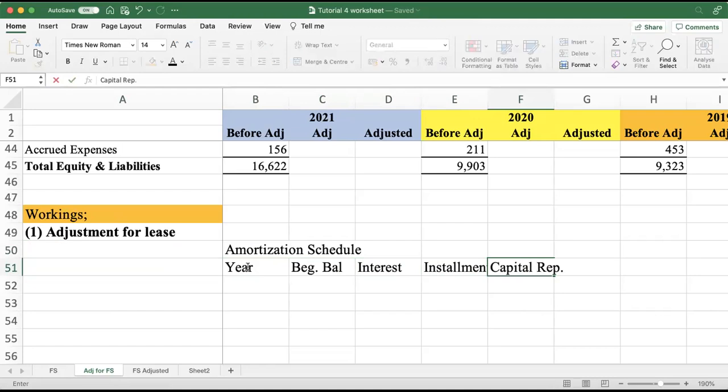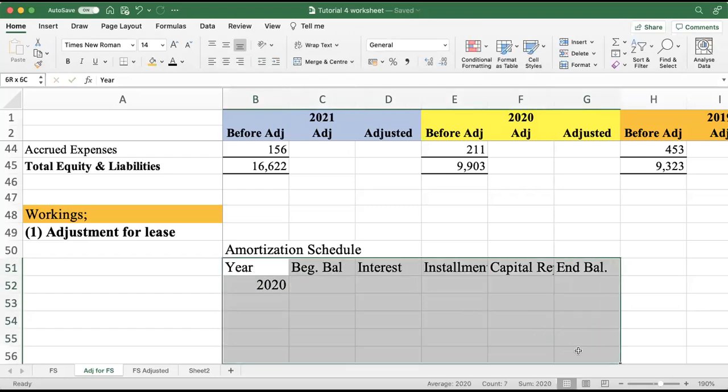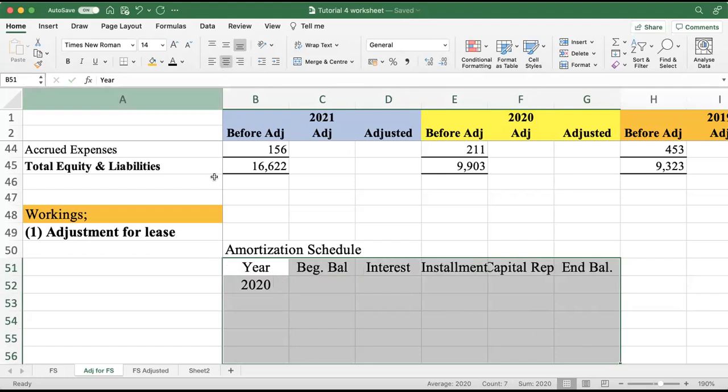Then balance at the end, end balance. So the lease starts from the 2020 year.